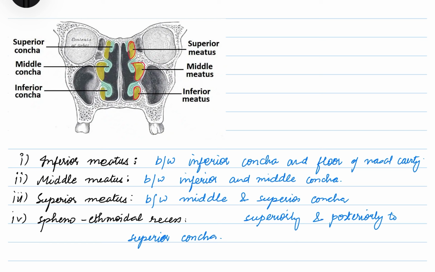Let's talk about the location of the inferior meatus. It is present between the inferior concha and the floor of the nasal cavity.